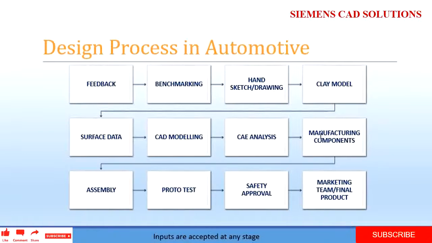Once components are manufactured, we go for assembly. When assembly is ready, we go for the proto test, and once the proto test is done, we go for safety approval from the government. It depends upon the region. Once all the safety approval standards are cleared, the vehicle comes to the market and finally reaches the customer.